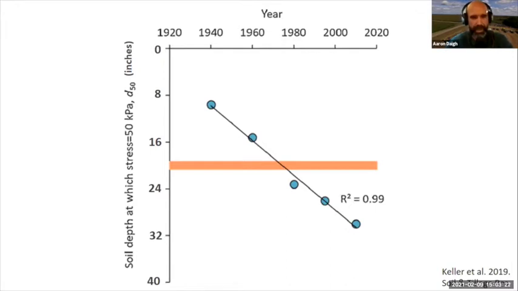And I want to note that this pink line right in the middle here, around 20 inches down, that's about as deep as you're going to reach with any implement that's available to mechanically alleviate compaction.